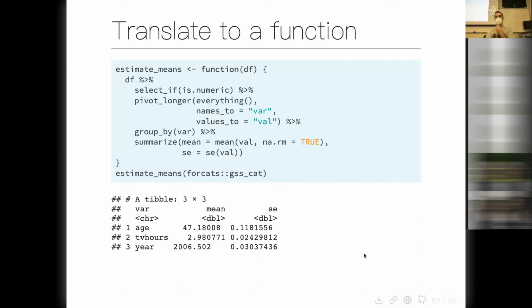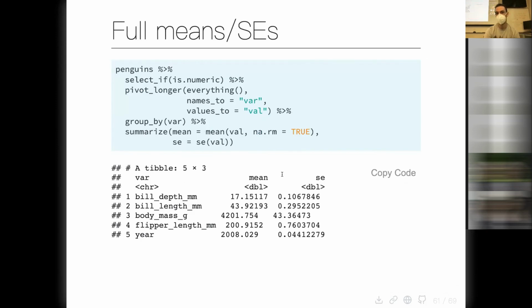To translate this to a function, this is the approach I would use. I take my df and pass it here, but everything else just flows right through. I don't actually need non-standard evaluation at all. If we contrast this with over here, it looks pretty darn similar, because all this is doing is taking a single data frame and the rest is going through.